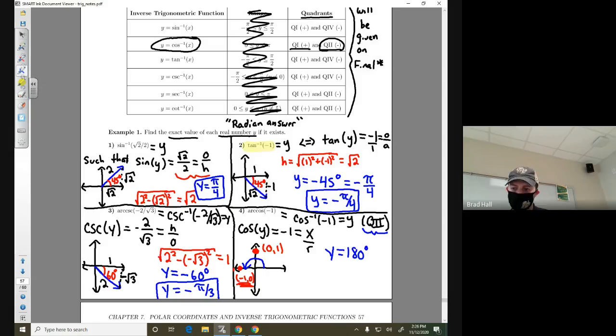But we want radians, so really this is just pi, because that's what 180 degrees is in radians. So does anyone have any questions before we move on?